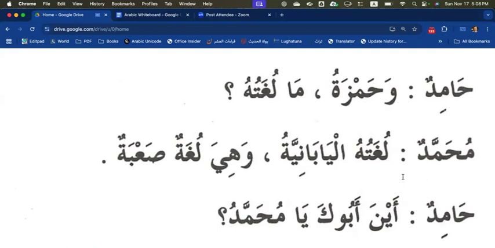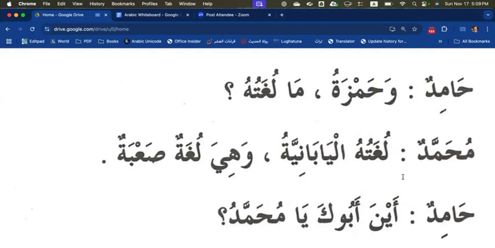Sa'b means hard, right? Sahal, easy. Sa'b, hard. And it is a hard language. وَهِيَ لُغَةٌ صَعْبَةٌ. And it is a hard language.